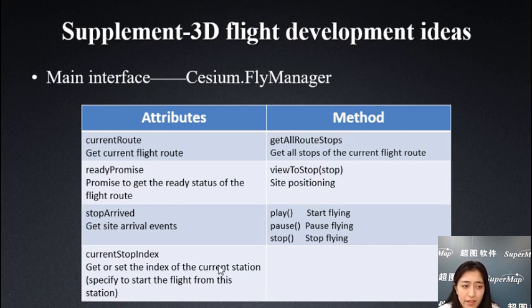Okay, so in our exercise, we will use the system.flyManager, and in this there is the current route, and we can get the current fly route from this current route. It will use the get all route stops method, which can get all the stops of the current fly route.